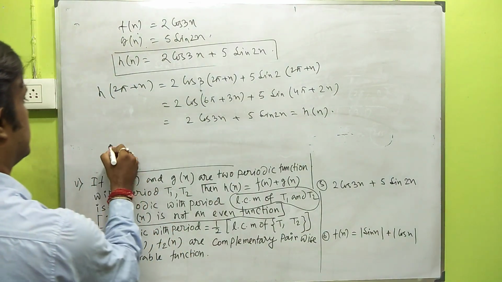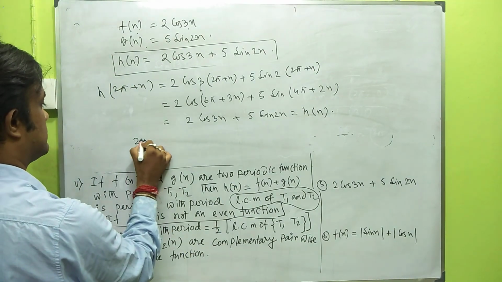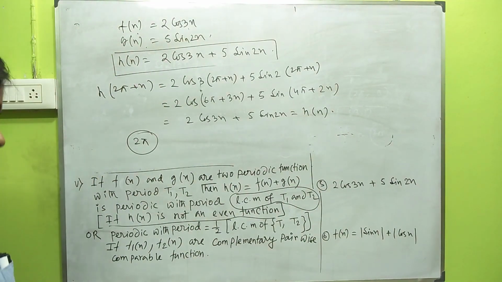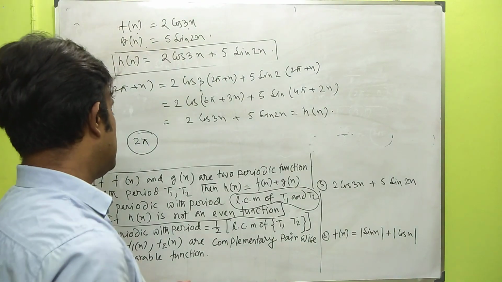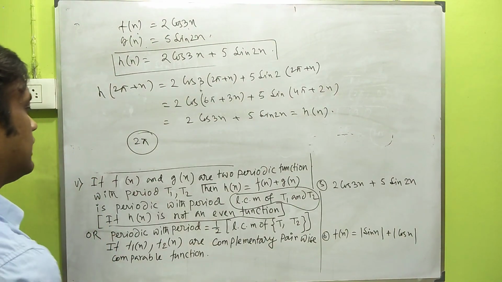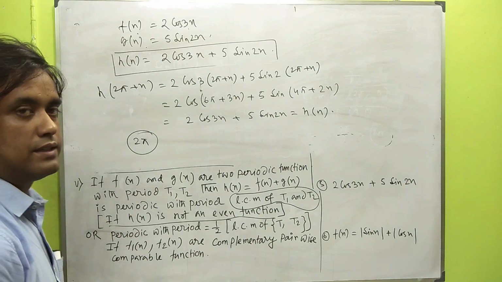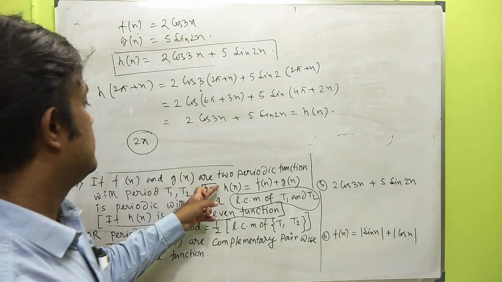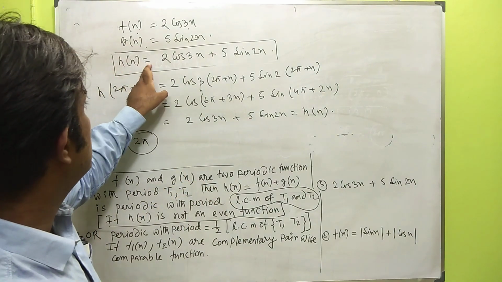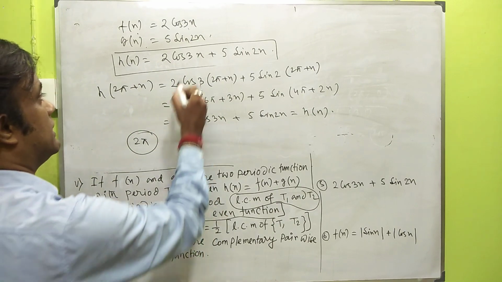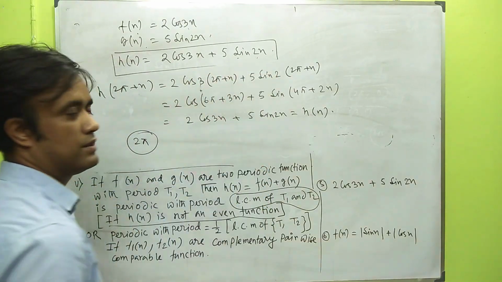So the period of this function is 2 pi. So we understood how we calculate the period of this function, 2 cos 3x plus 5 sin 2x.